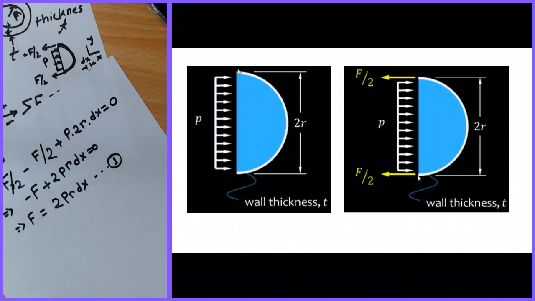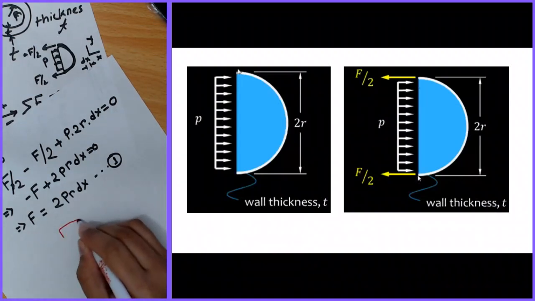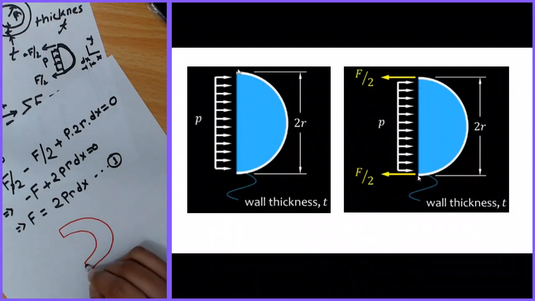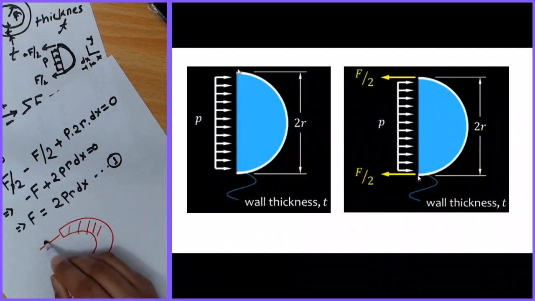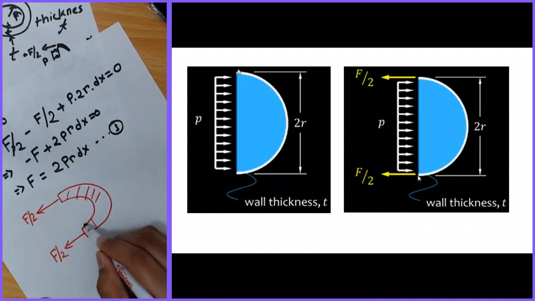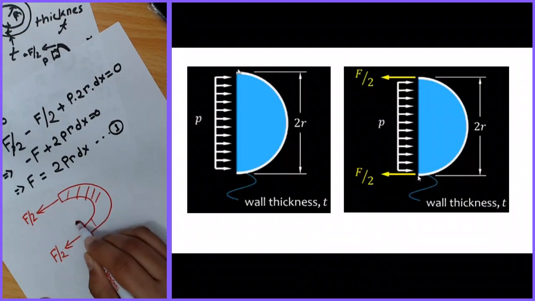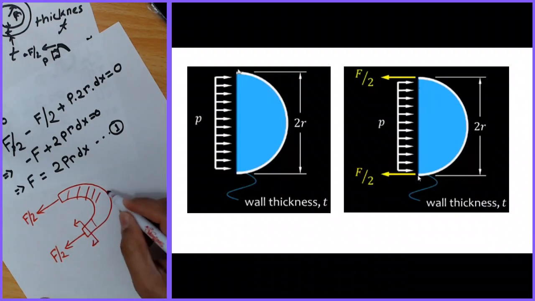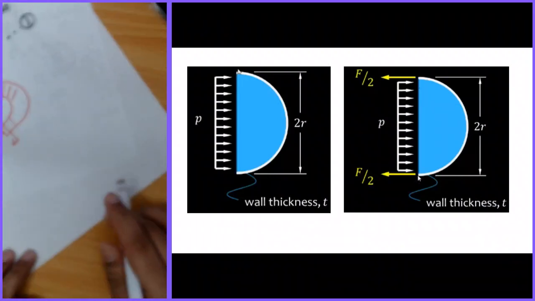If this is the thickness of the wall, this F is acting on this one. Now if I take the cross section of this segment, let me draw it a better way.